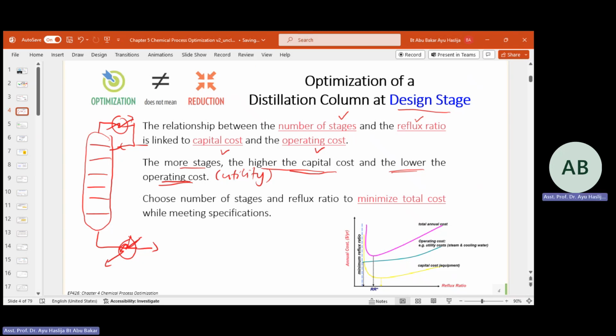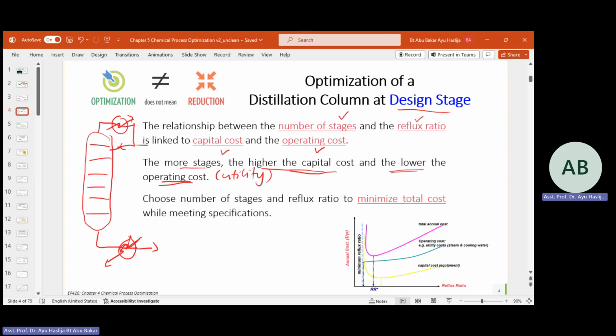Reduce heat duty of the reboiler and condenser. Correct? Yes. Make sense? So when you have more stages, you can reduce the reflux ratio. Then it affects your condenser and reboiler duty as well.